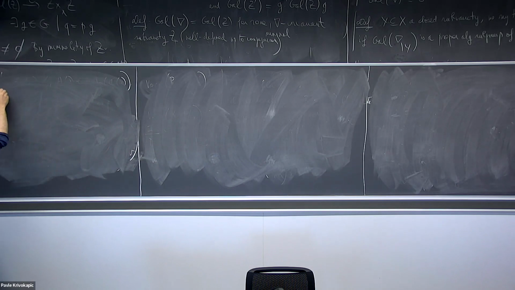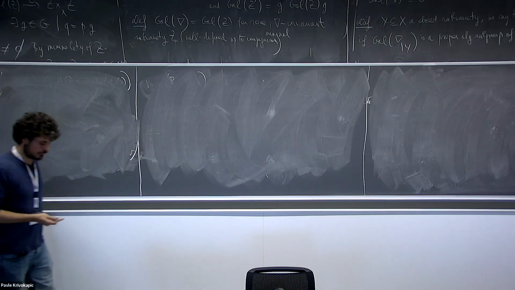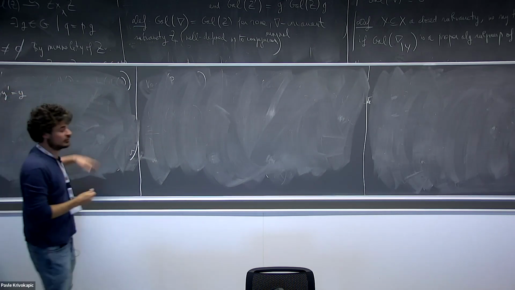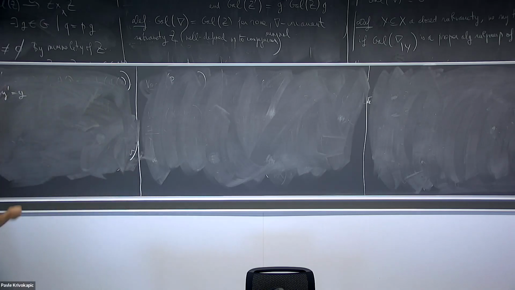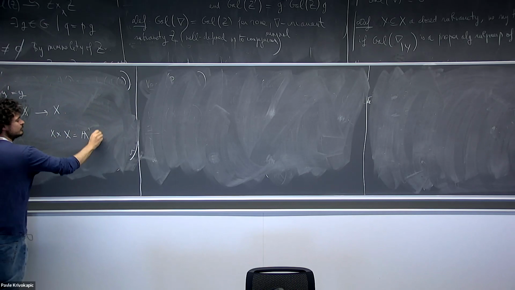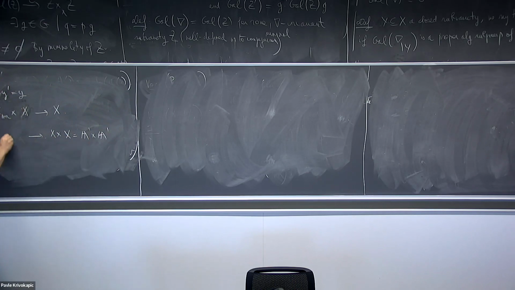You look at y prime equals y, a linear equation of order 1, and you look at a principal bundle over A1, so X is A1 here, with this as a principal connection. Then you look at the product of two of them. So you have X times X, which is A1 times A1, and here you have a principal bundle, which is Gm times Gm times X times X.